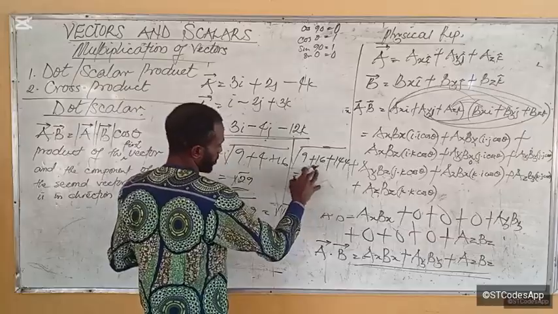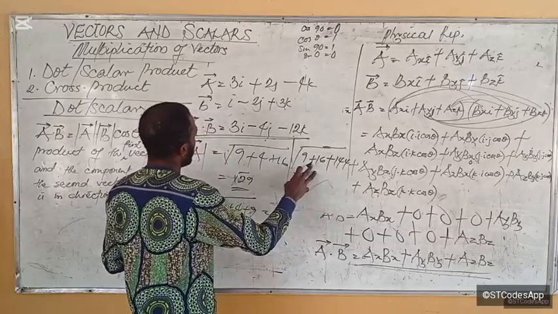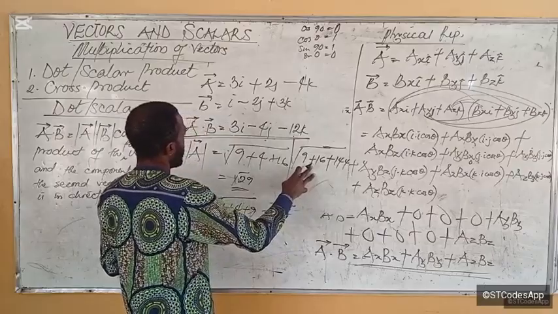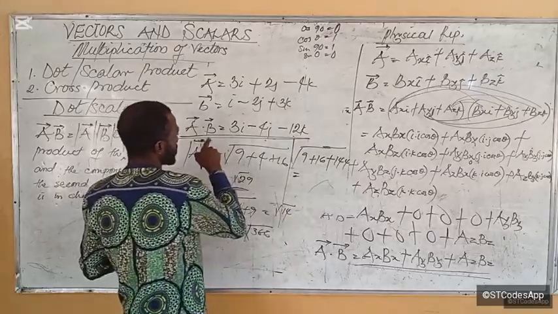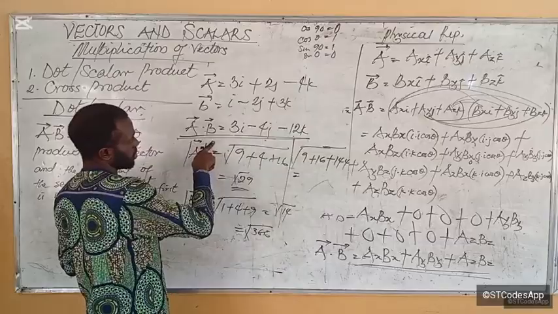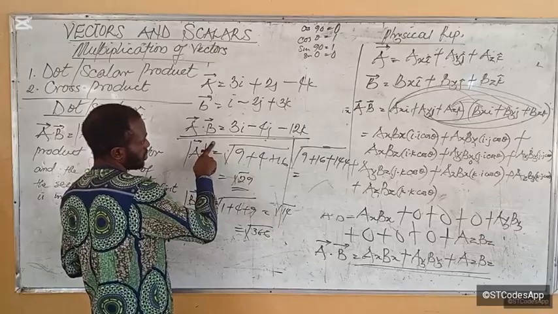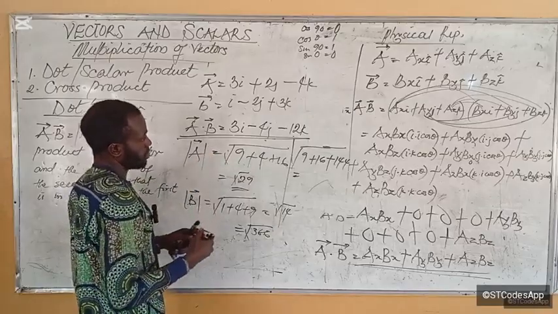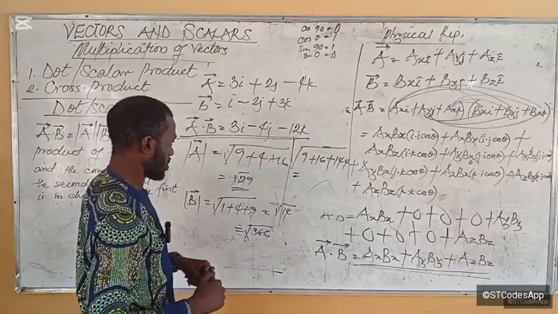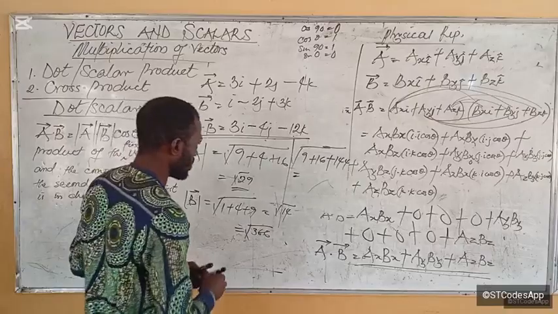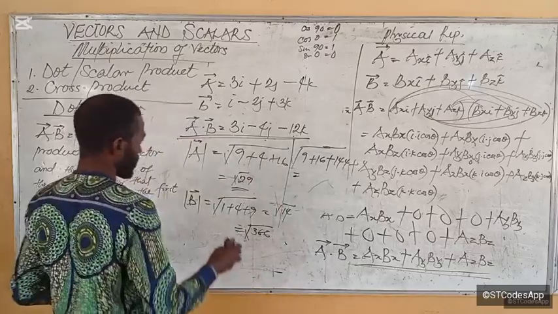This plus this, oh okay, yeah. It doesn't give us the square root of 366. What mistake did I make? I'm coming to this.